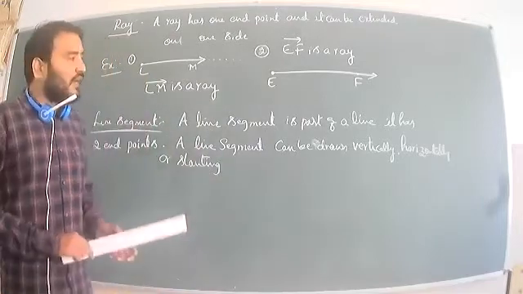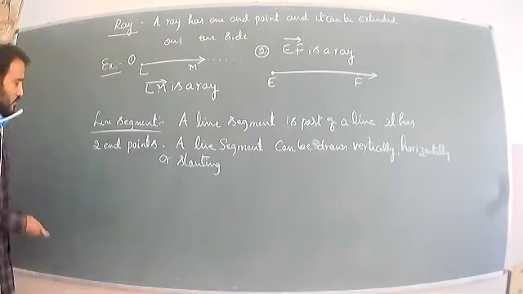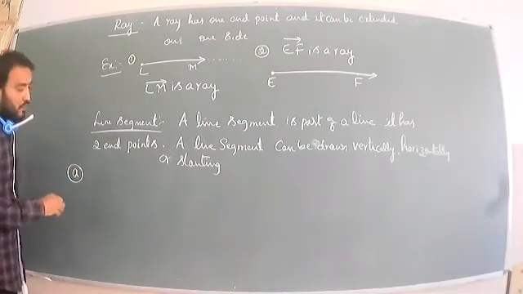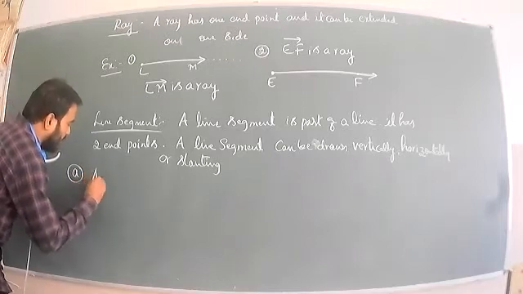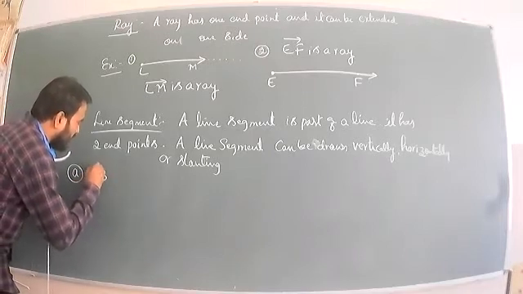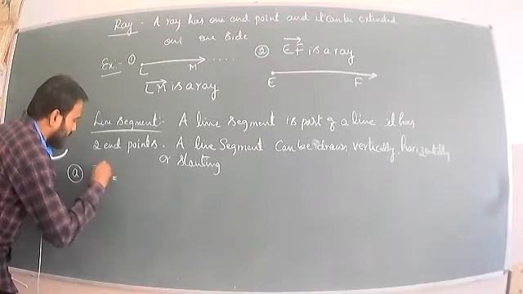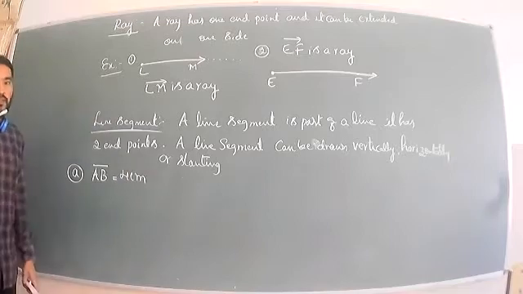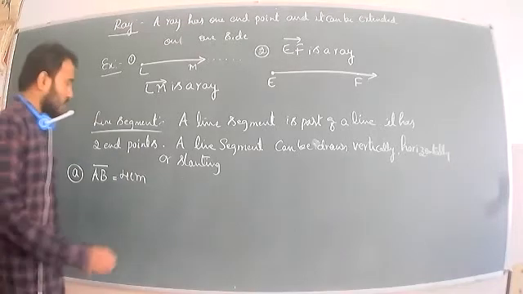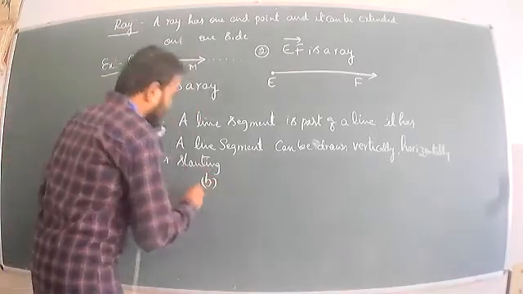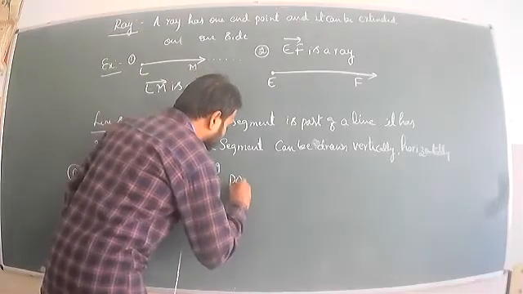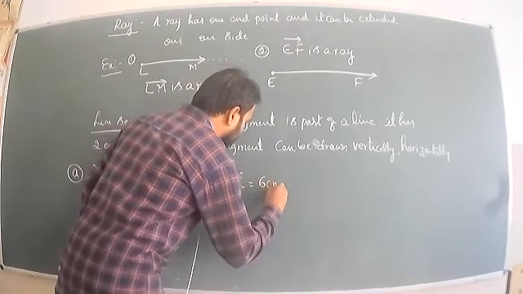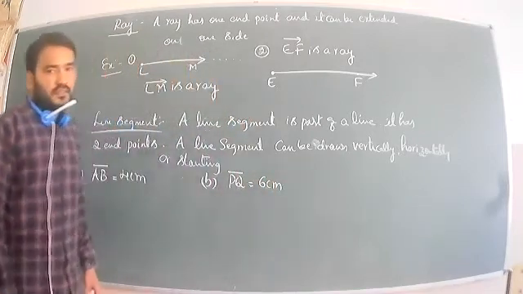Now I will draw the line segments. First example: AB, 4 centimeter. Next, PQ, 6 centimeter.